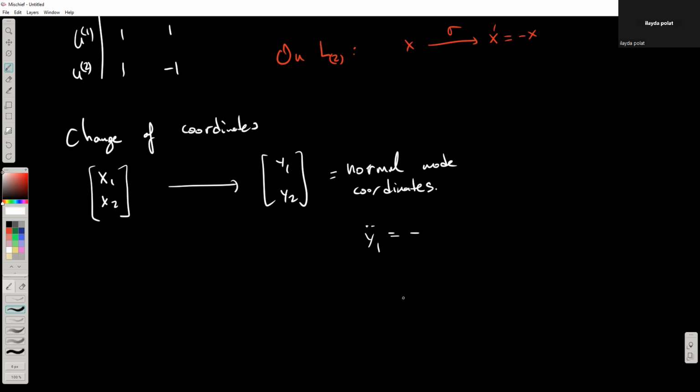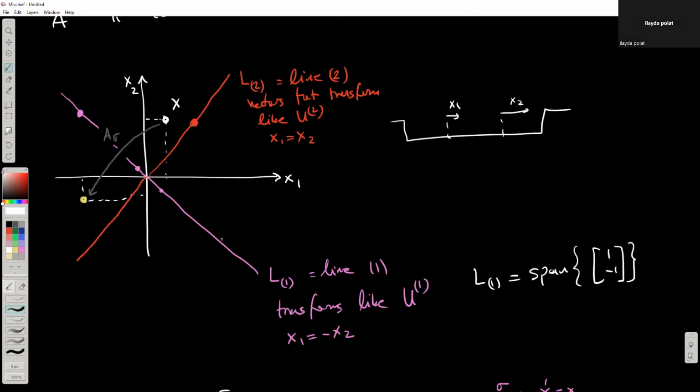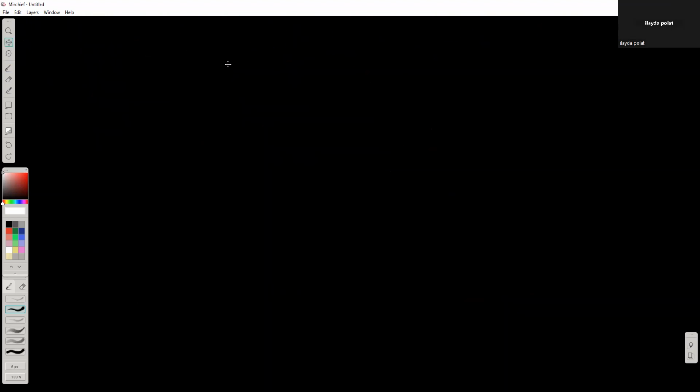At this point, it's quite hard to see that these are really the normal modes. But the symmetry tells us that if I choose this as my y1 axis and this as the y2 axis, then these are the coordinates. So I'm going to show you how we can do this.